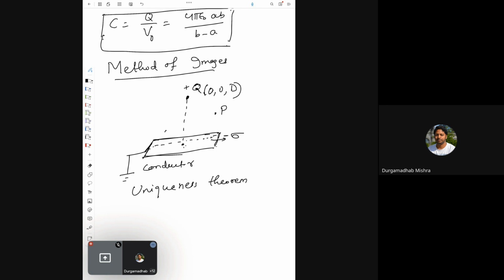This potential will be the true or correct potential. There will be no other potential due to whatever distribution that you have looked at.